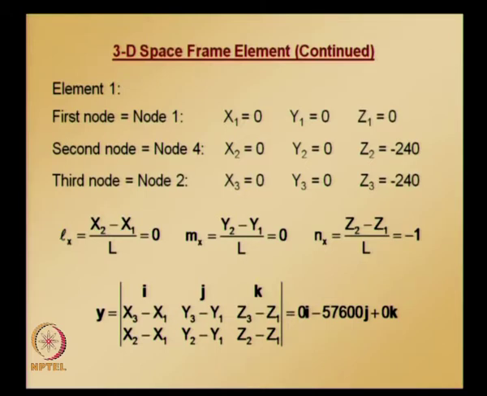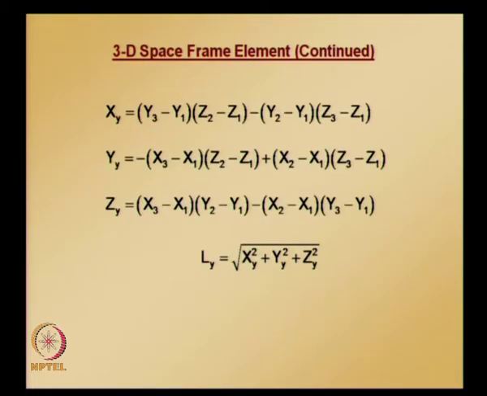So, Ly is going to be 0, My is going to be 1, Ny is going to be 0, and we require another quantity, which is going to be the square root of xy square plus yy square plus zy square, where xy, yy, zy are defined based on the coordinates of the first node, second node and third node.